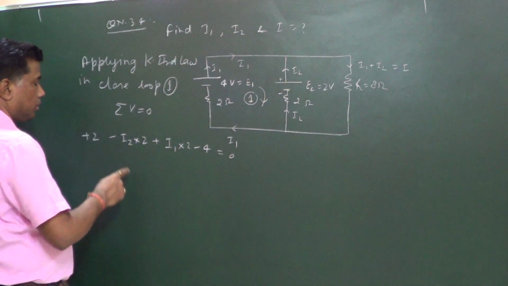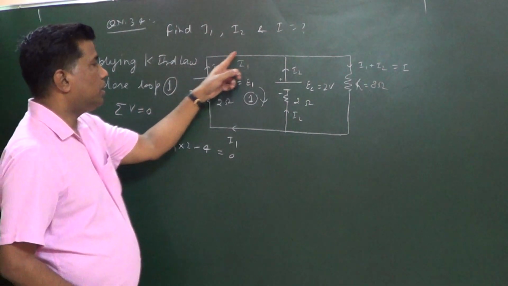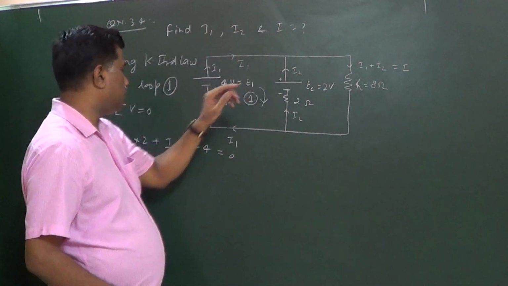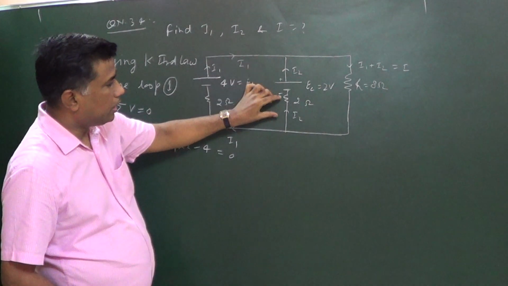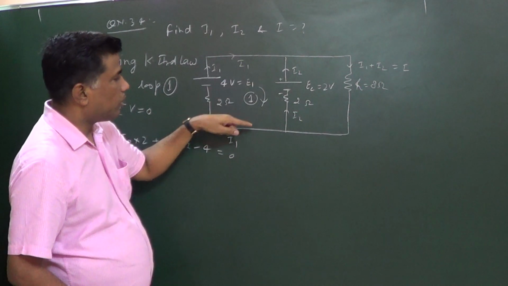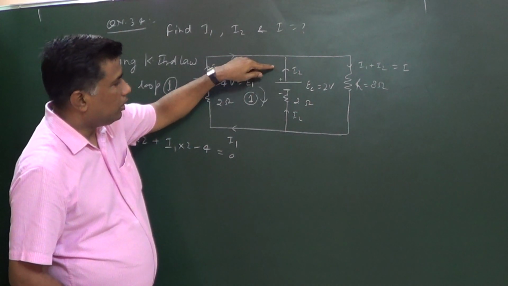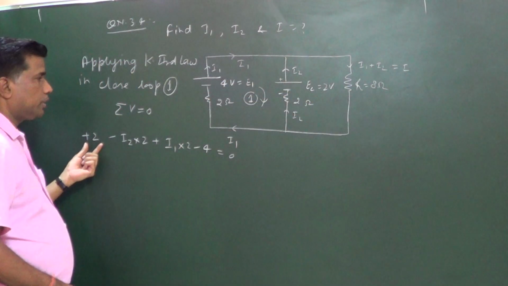Students, listen to this once more. In this arm there is no resistance, no cell, no potential difference, but in this arm there is a cell and current and resistance also. We are moving in the clockwise direction. If we are going from positive to negative, then the potential difference will be plus 2 volt.